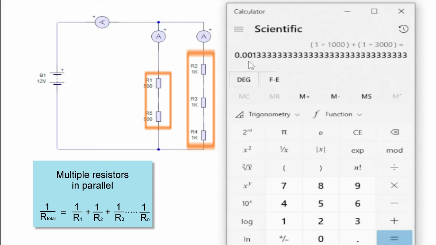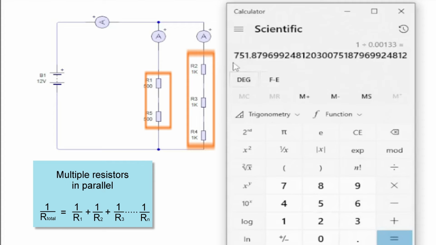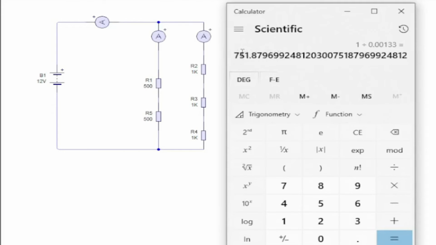So 0.00133. So it'll be 1 divided by 0.00133, and that equals 751.87. Let's make it 752 for talking's sake. So the total resistance of this circuit will be 752 ohms.